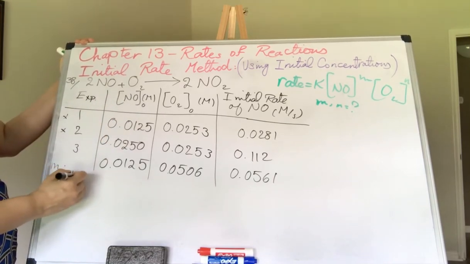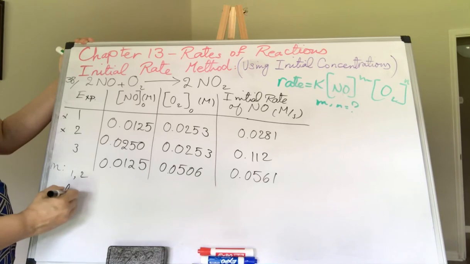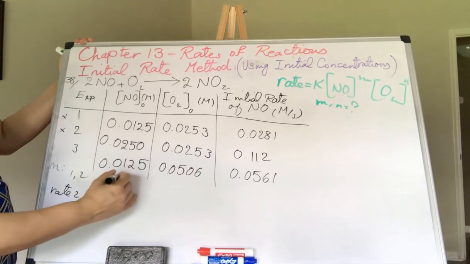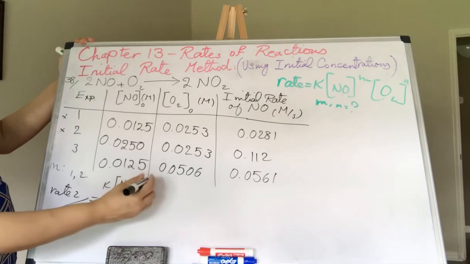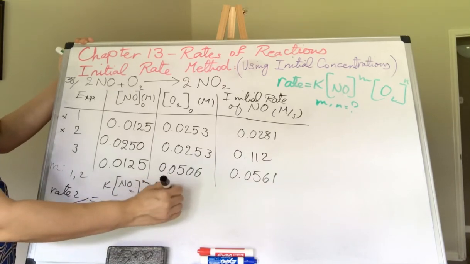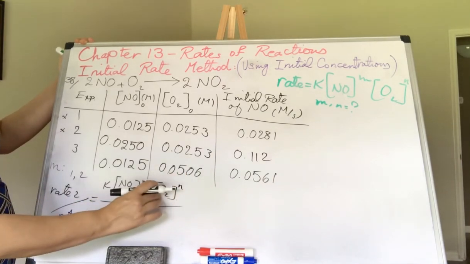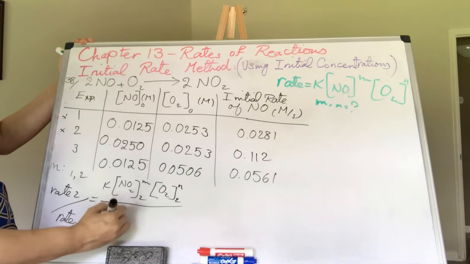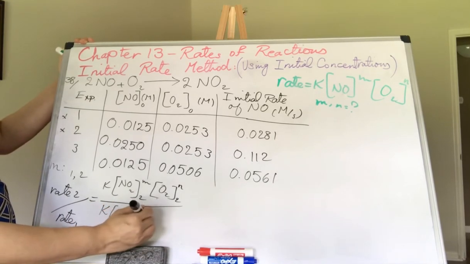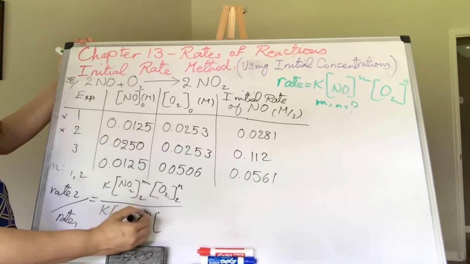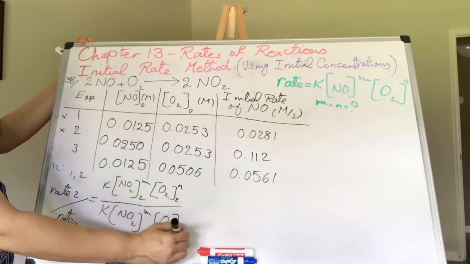So let's consider 1 and 2. The rate of experiment 2 over the rate of experiment 1 will be K times NO for experiment 2 to the power of M and O2 for experiment 2 to the power of N, over K times NO for experiment 1 to the power of M and O2 the same.